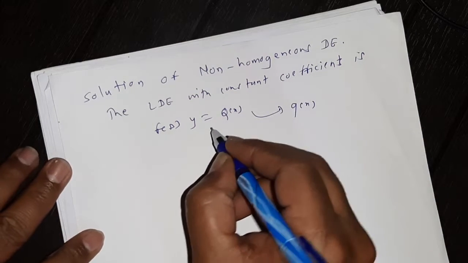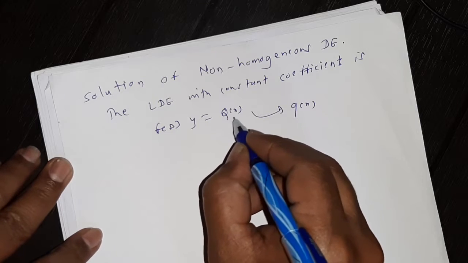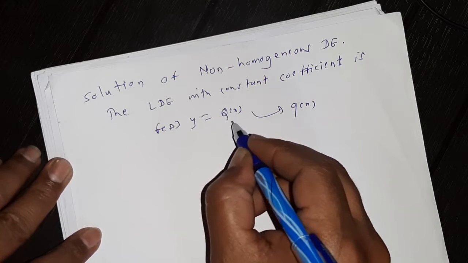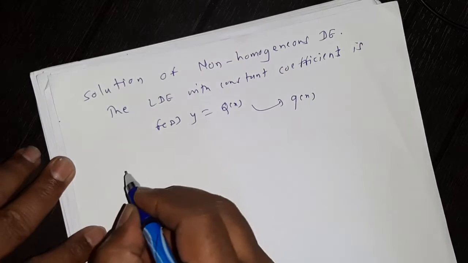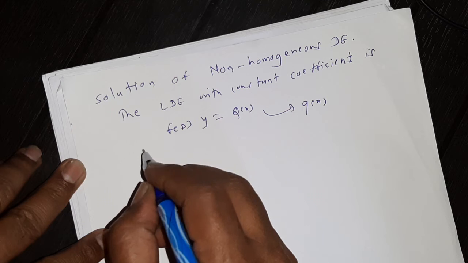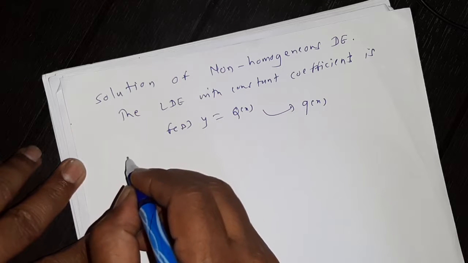And this is the non-homogeneous differential equation. We know that if this Q(x) is 0, then this is a homogeneous differential equation. That is the first topic of our syllabus, which is covered in the previous lectures.